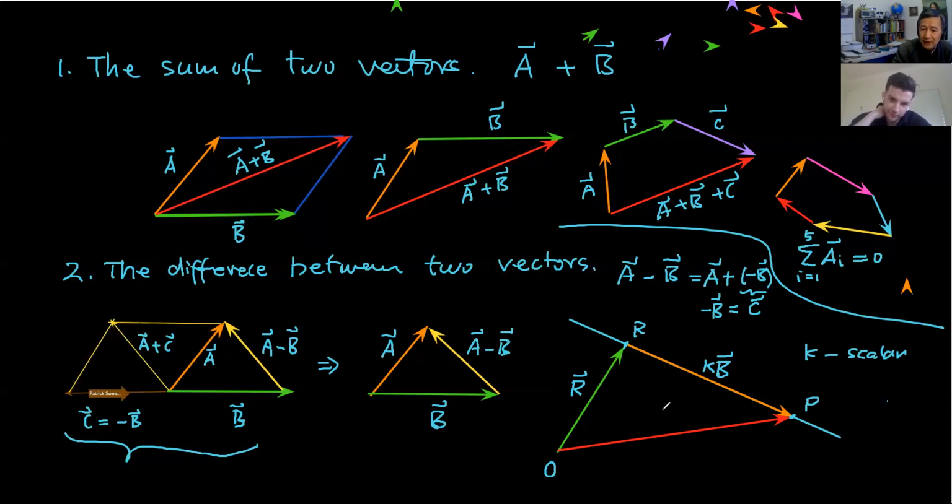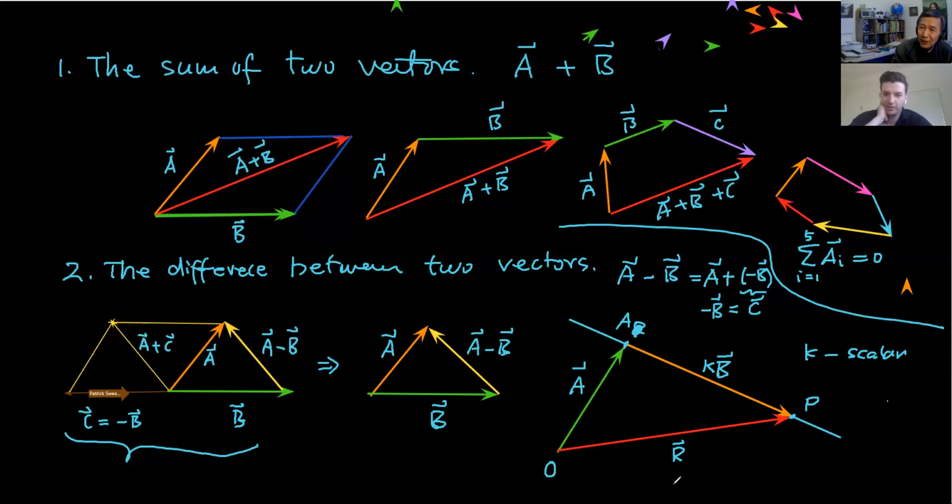This point is A. I will call this R, because R is used to describe the position. And A plus B equals R.